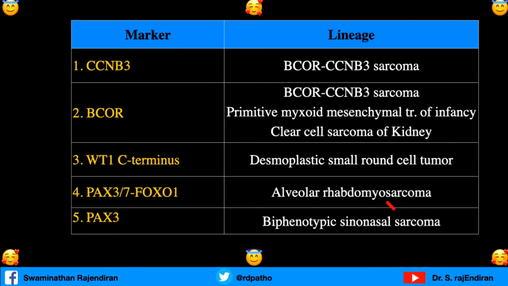These are all the markers we covered so far in gene fusion: CCNB3, BCOR, WT1 C terminus, PAX3-FOXO1, which is the marker for alveolar rhabdomyosarcoma, and PAX3 for biphenotypic sinonasal sarcoma.